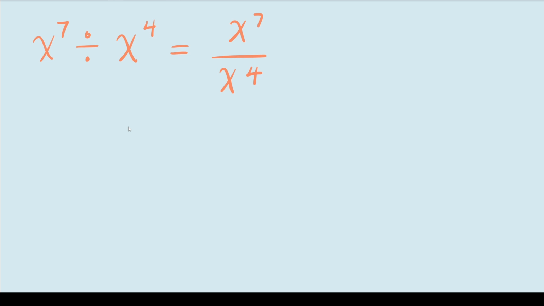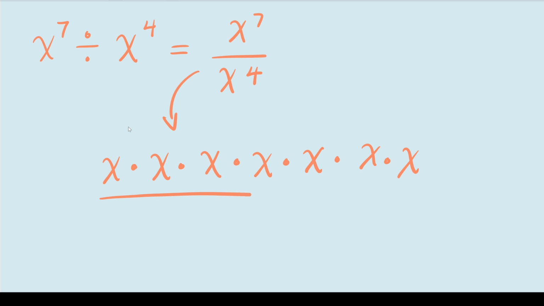Now, remember from one of my previous videos that you could expand this whole thing so that the numerator is x times itself 7 times, and then the denominator is x times itself 4 times, because they're x to the 7th and x to the 4th respectively.